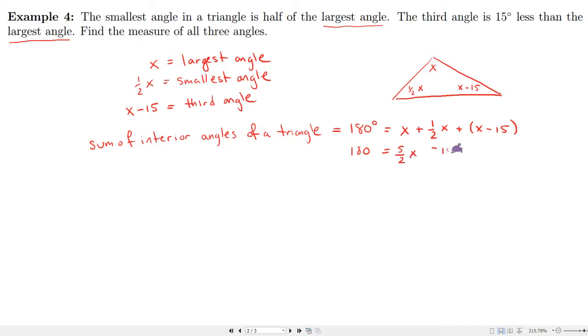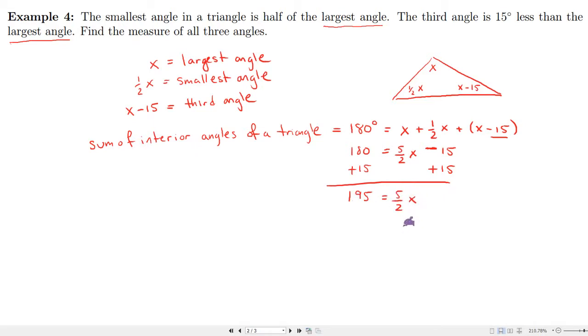And then minus 15, so we still have this minus 15 here. How do we finish this? Well, we're going to try to solve for x, so we'll bring the 15 over here. Let's add that. So we have 195 equals 5 halves x.